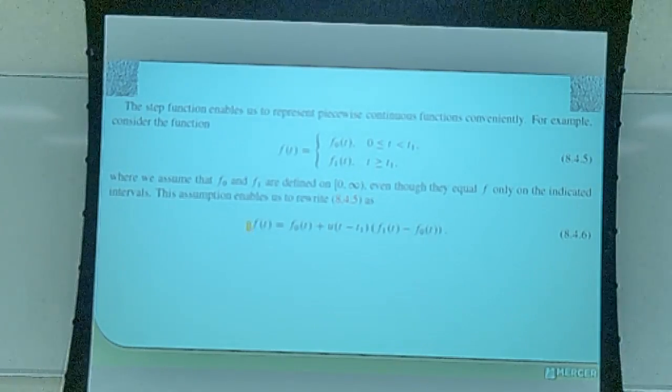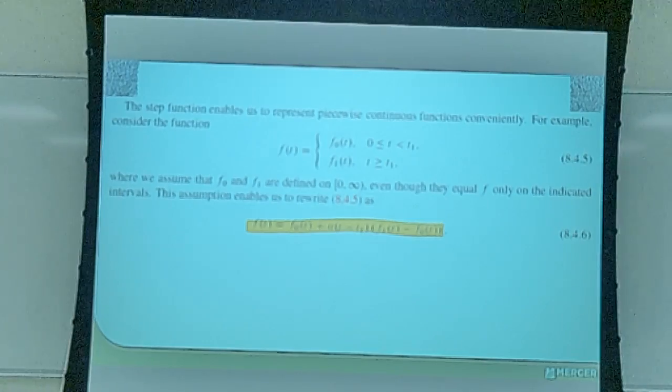You can write f of t that way. Keep that in mind. That's how we're going to be solving initial value problems with impulse driving functions or piecewise driving functions, like your project number 2.